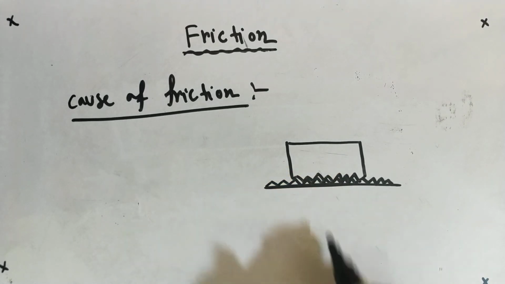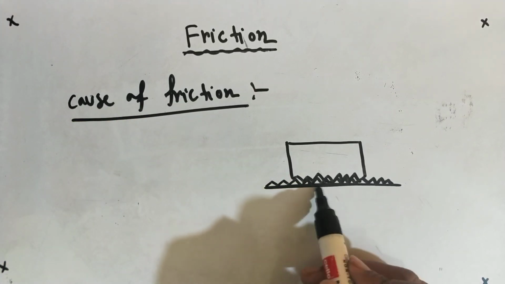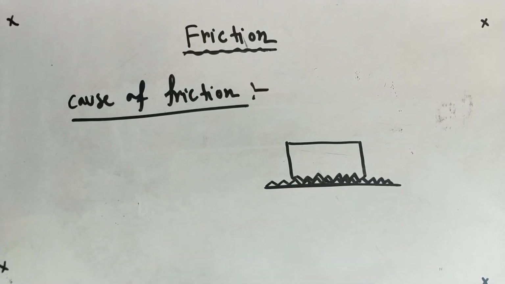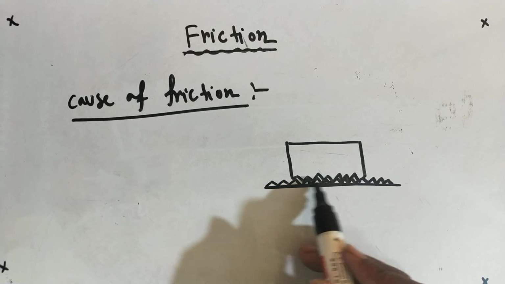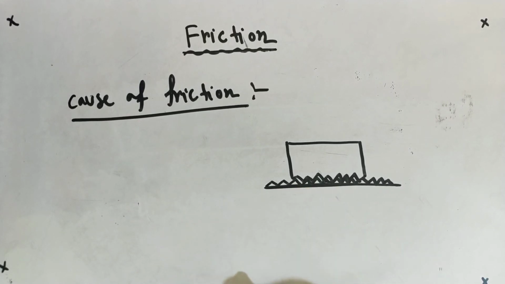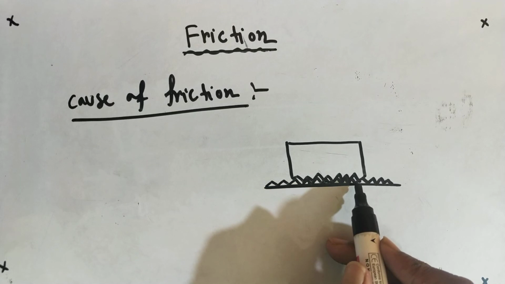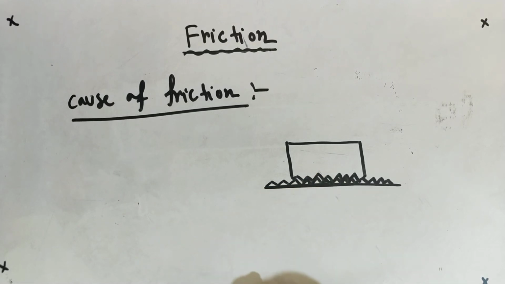So the cause of this friction will be due to this unsmoothness of the surface. But this unsmoothness can be removed by polishing or by any other method. After removing this unsmoothness, you can get a little bit of friction.